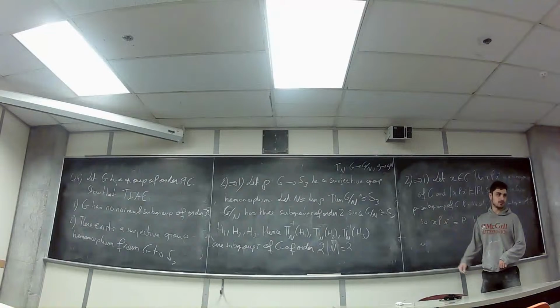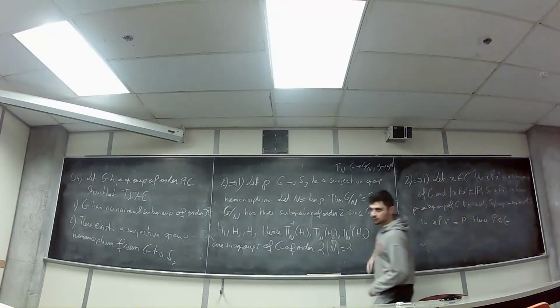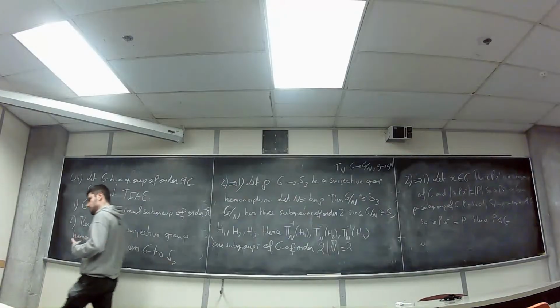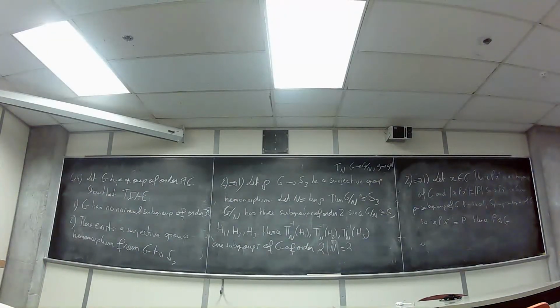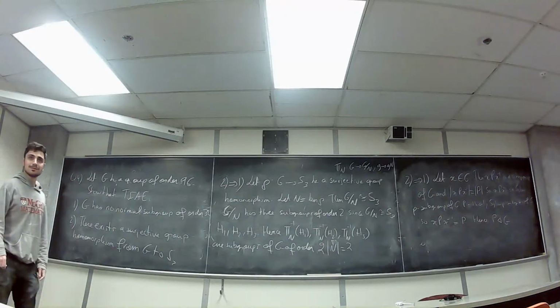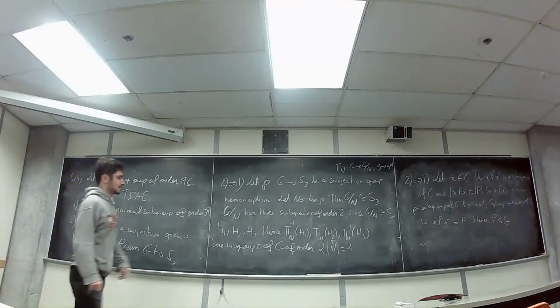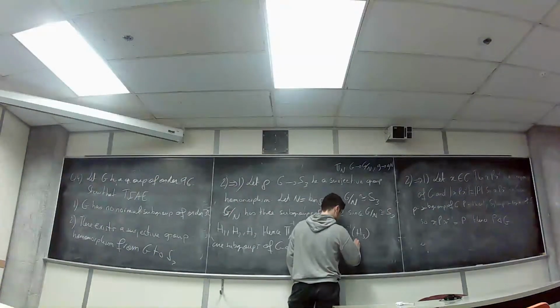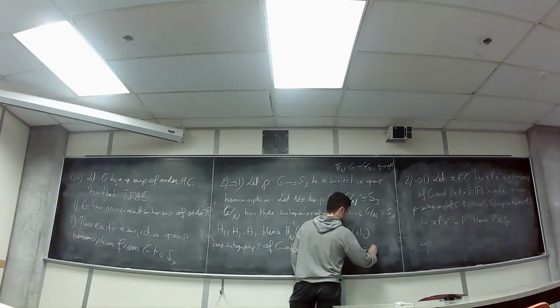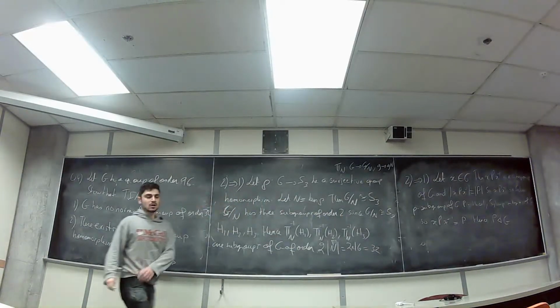96 over the size of the kernel must give me 6, right? G mod n is isomorphic to S3, so the size of G divided by the size of n must give me 6. Agree or not? So what is the size of n? 16. So it's 2 times 16, which is 32. Oh, wait a minute.